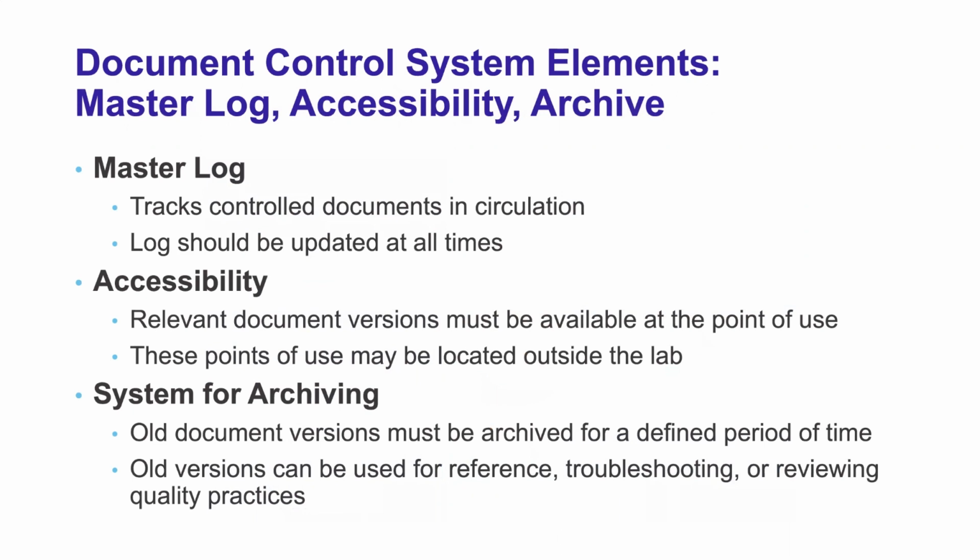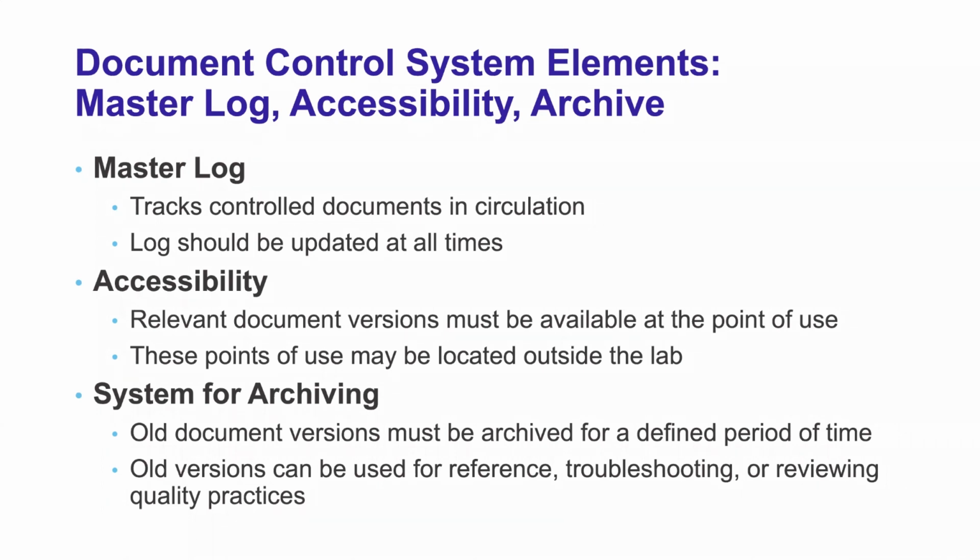So lastly, our master logs, accessibility, and archives. A master log tracks all the control documents that are in circulation. A way that you could do this is keeping a log in the binder. If you have a binder of all the SOPs that you need to do hematology testing, then you can have a log at the beginning of that binder where folks can check out procedures. So if they need to check out the procedure for doing an ESR, for example, you can have a log and say, okay, Joe Smith checked out the ESR procedure and then when it was checked back in.